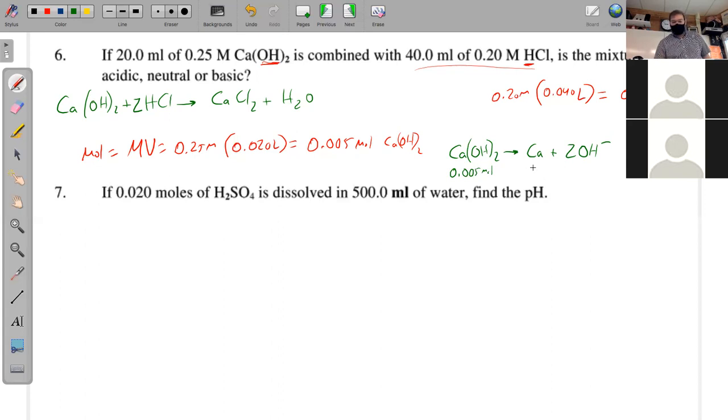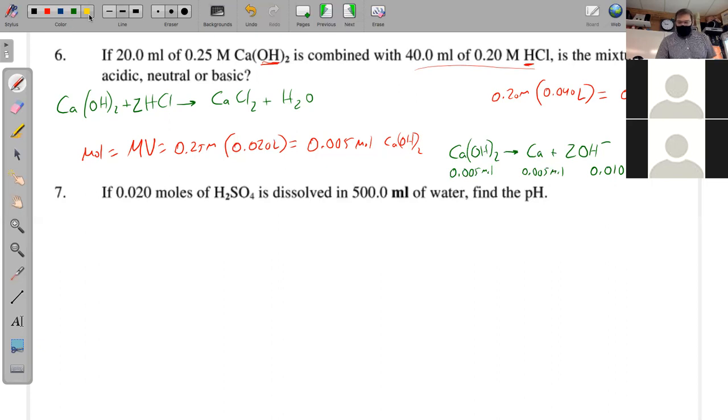And when it dissociates, I get 0.005 mole of calcium, but I get 0.010 mole of the hydroxide ion. Because for every 1 calcium hydroxide, you get 2 hydroxides. So it turns out that there is actually a greater amount of hydroxide than there is the amount of hydrogen.